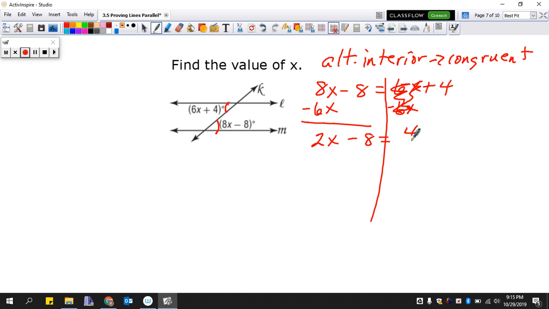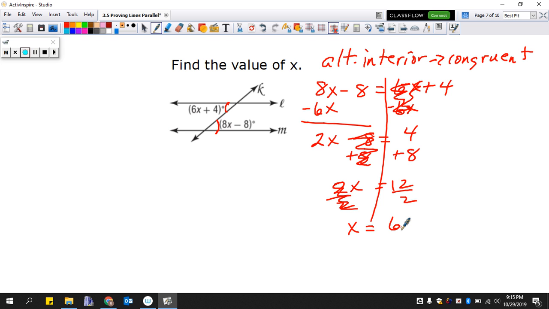Add 8 to both sides. The 8's cancel out. We're left with 2x is equal to 12, divide by 2 to isolate the x, and x is equal to 6, which answers our question.